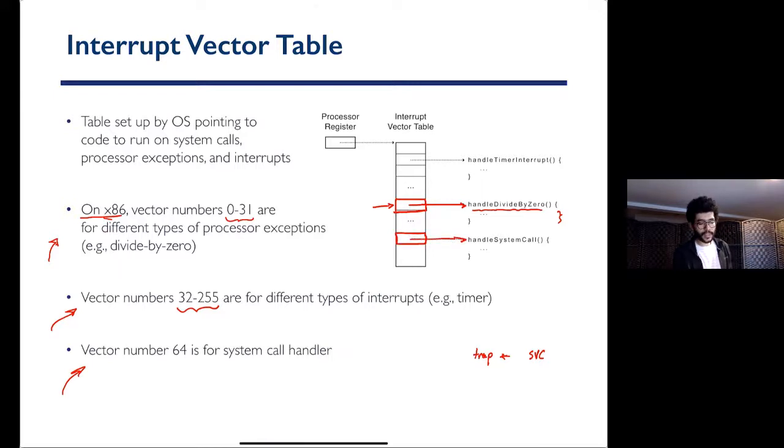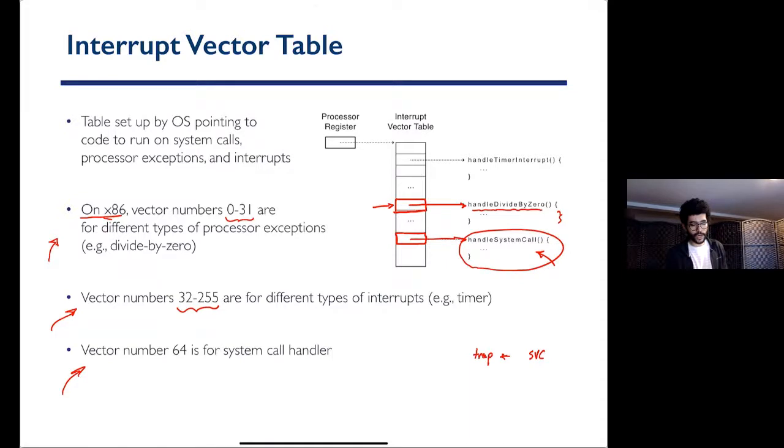Inside this handler, you can then decide where to go. If the system call was to open a file, then you handle opening a file. If it was writing to a file, you handle that. If it's opening a socket, you go and open a socket. But all your system calls have the same entry point.